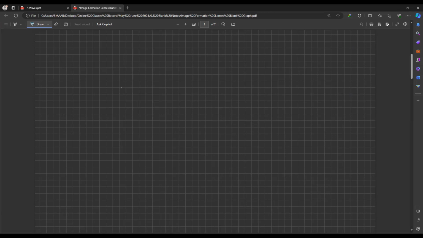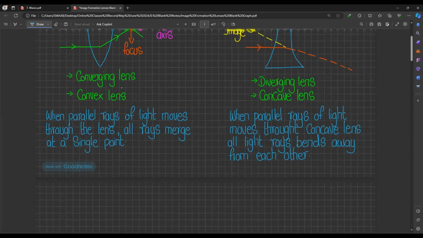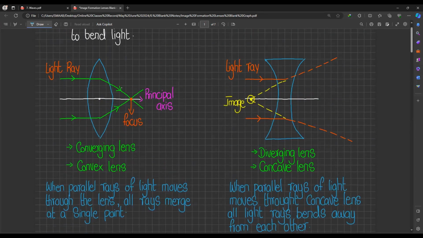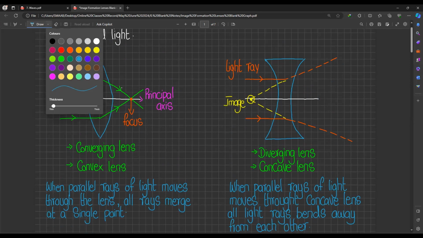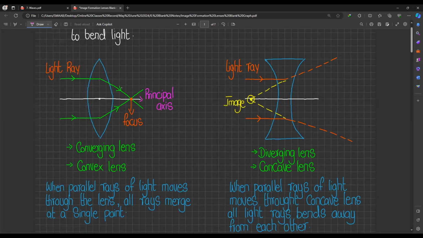Okay, sir. So basically, we are getting a real image in the first case. We are getting a real image.